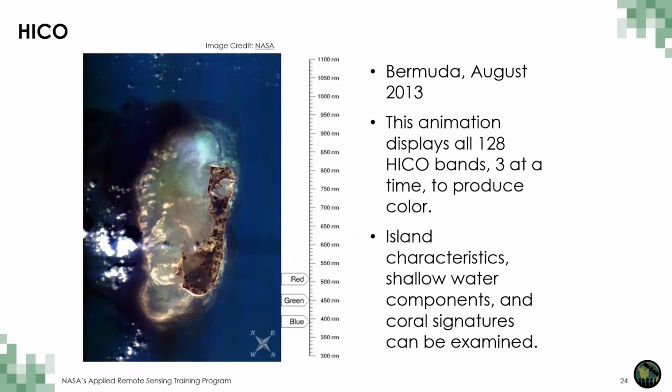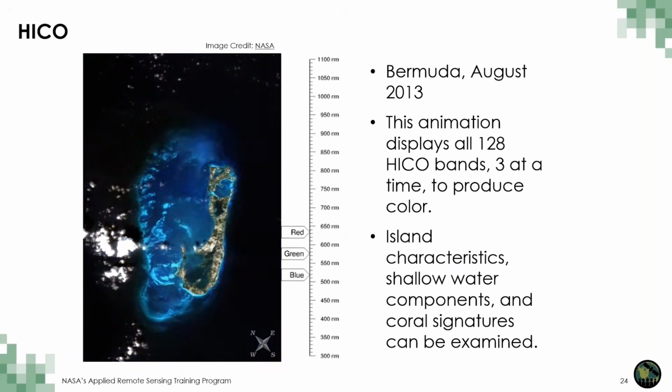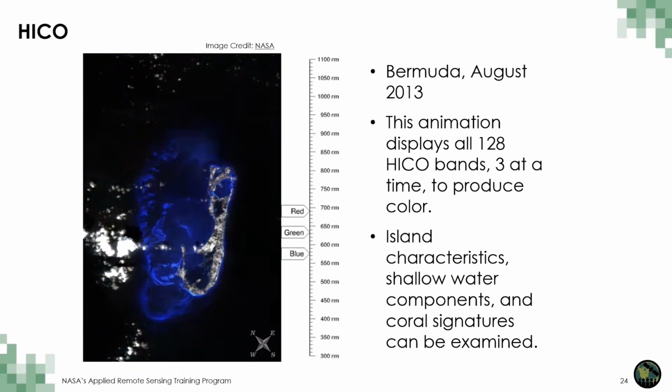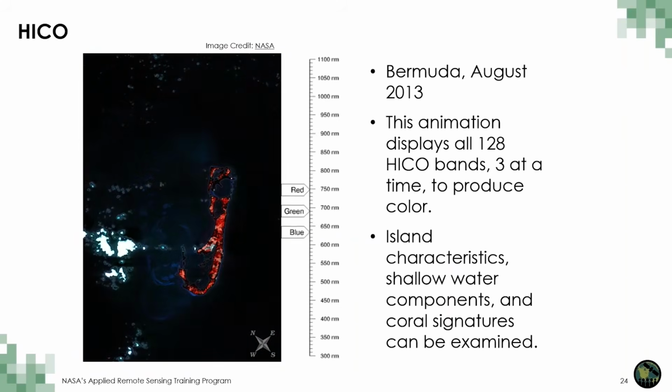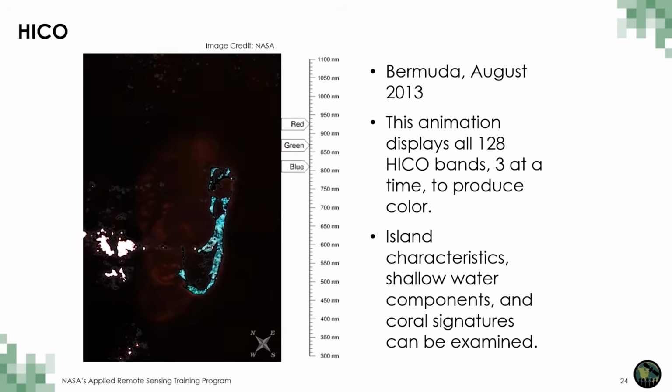And this is something that we showed also during the first session, but I thought it was appropriate to re-show it here because it's a particularly cool animation product developed by the Goddard researchers.